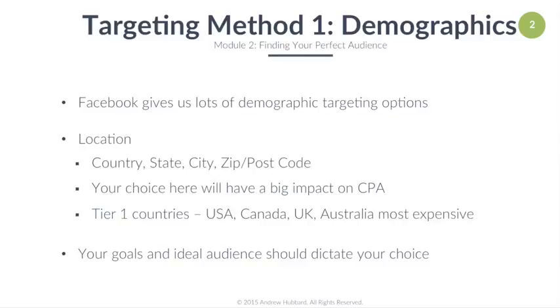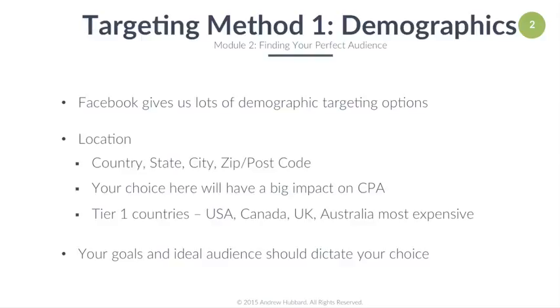Now, I'm not saying there aren't reasons to target those cheaper audiences. For instance, if you just want to get some reviews or feedback about a particular app so you can improve it before you do a big launch in some of the tier 1 countries, you might want to run some cheap campaigns, get some cheap installs so you can build that user base, get some reviews and feedback, and improve your app until you're happy, kind of like a soft launch, until you're ready for tier 1 countries.